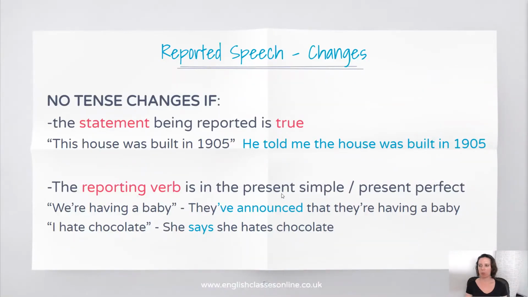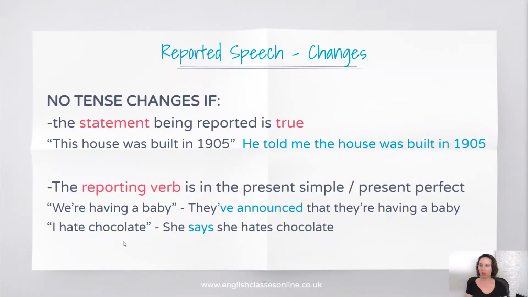If this verb is in present simple or present perfect, you don't need to change the other verb tense. For example, "We're having a baby" is direct speech. "They've announced," present perfect, "they've announced that they are having a baby." So the tense has not changed, but the pronoun has. We've gone from we are having to they are having.